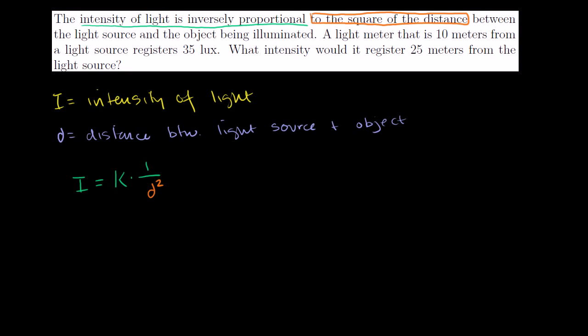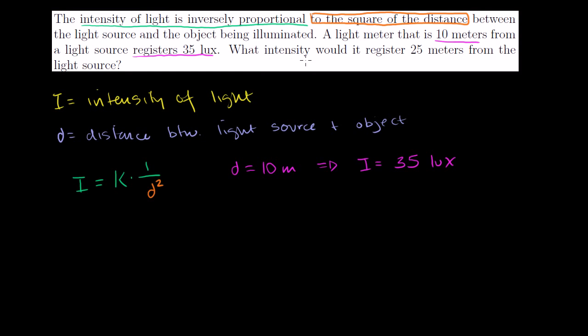Now, they tell us a light meter that is 10 meters from a light source registers 35 lux. So when the distance is equal to 10 meters, the intensity is equal to 35 lux.